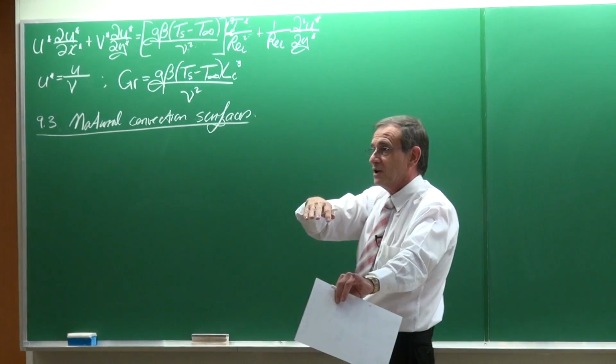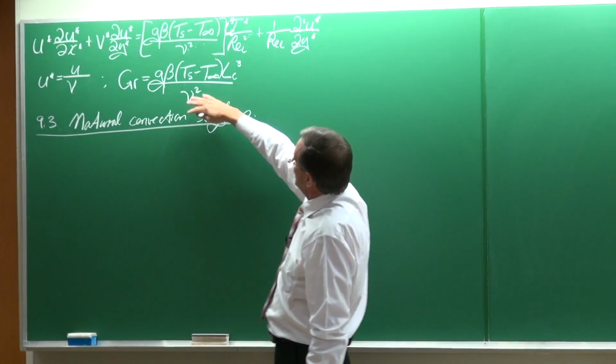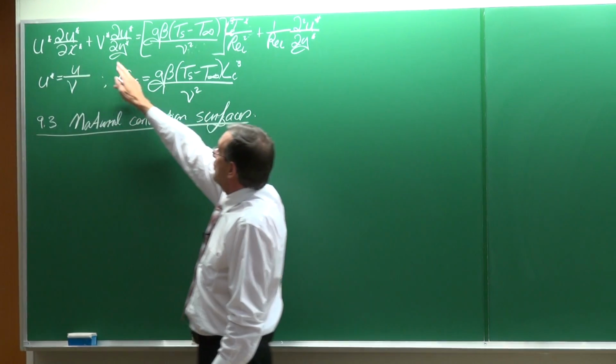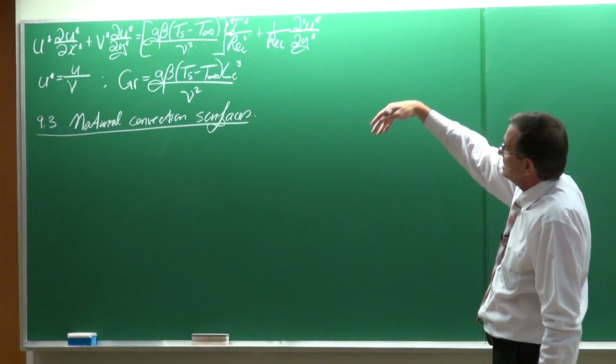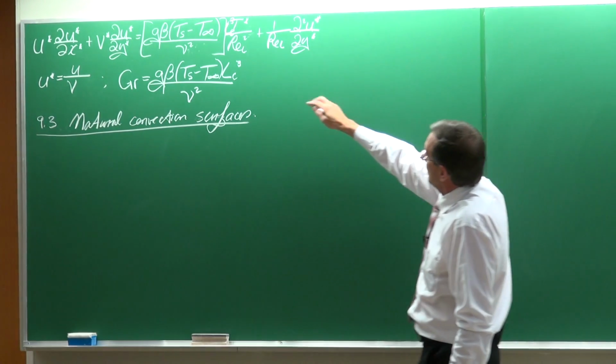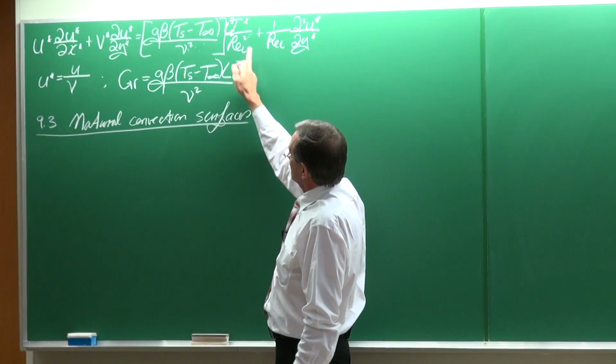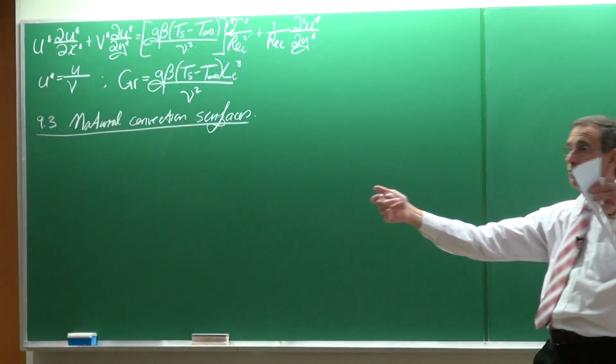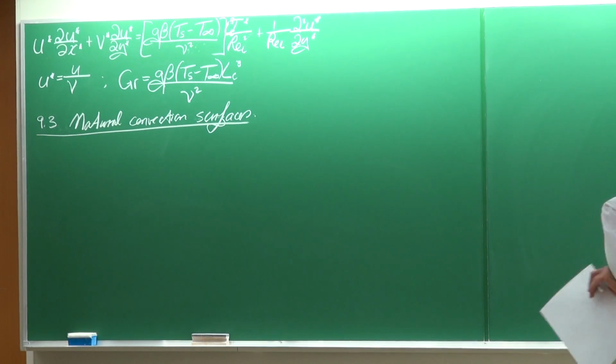So if you go and look in your textbook, you will see that before that you're going to get to an equation like this, where these are all the non-dimensionalized velocities in the different directions. But this is the term that appears there. And this is the Grashof number. So that is where it comes from, and that is how it fits into the momentum equation.